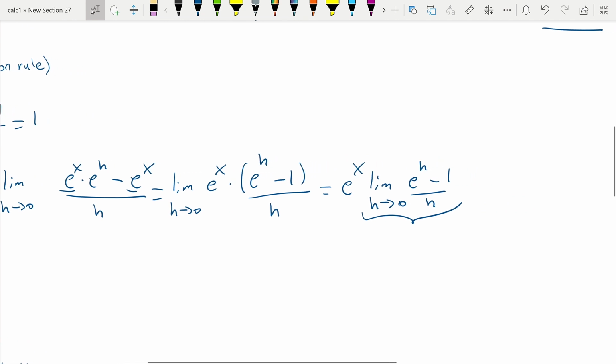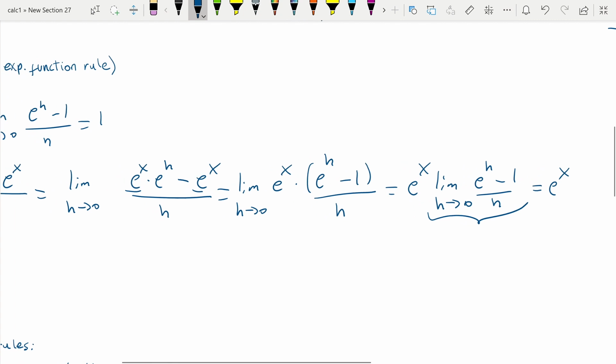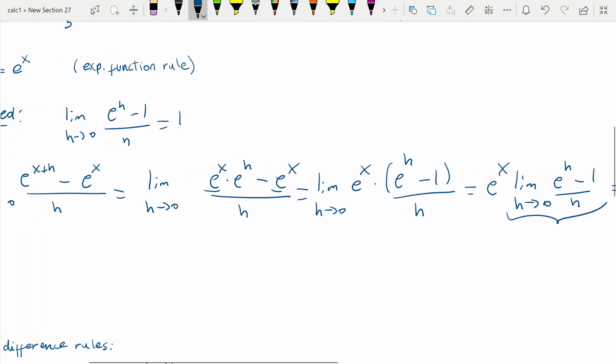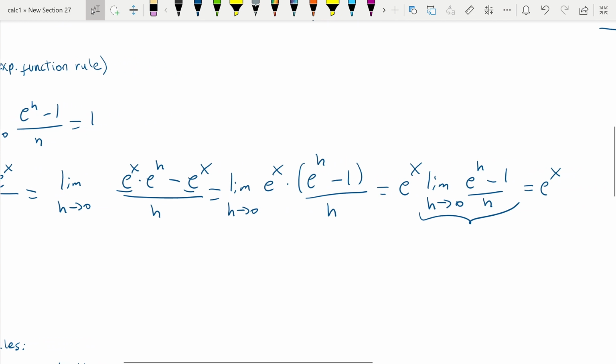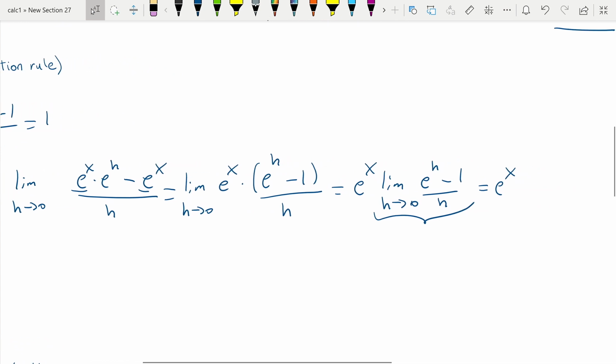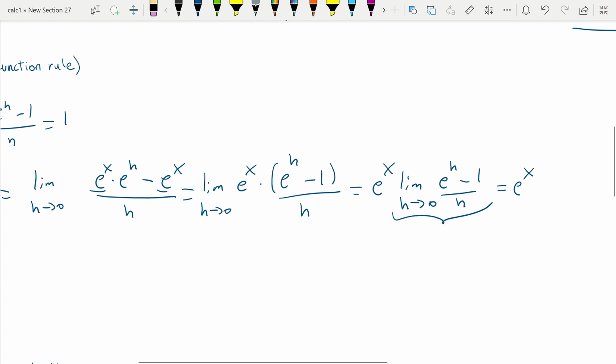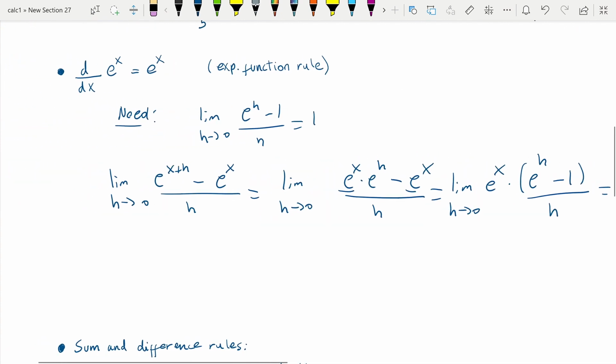Proving that requires a course in analysis. In fact, the number e is defined so that this limit is equal to 1, so it's kind of cheating. But for us, we'll just assume that this limit is equal to 1. With that at hand, we can conclude that the limit that defines the derivative of e to the x gives us e to the x. So the derivative of e to the x is e to the x itself.